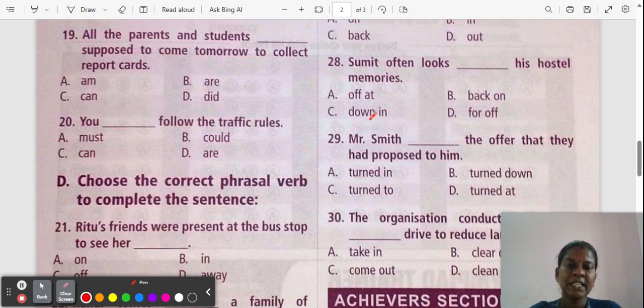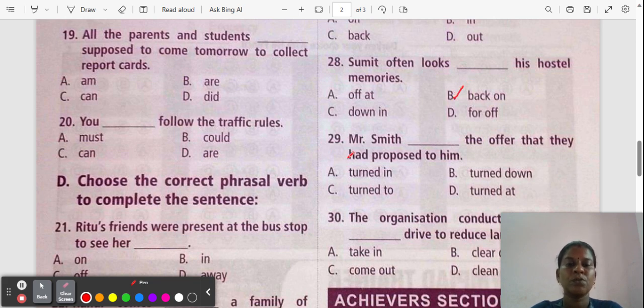Down in means reducing the quality. Turned at means delayed something. So here the correct verb is back on. Sumit often looks back on his hostel memories. He wants to remember his past days. So back on is the correct answer.